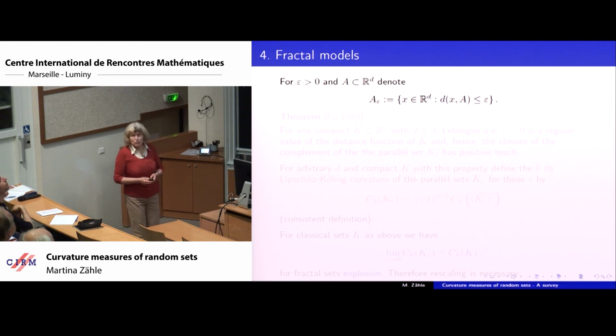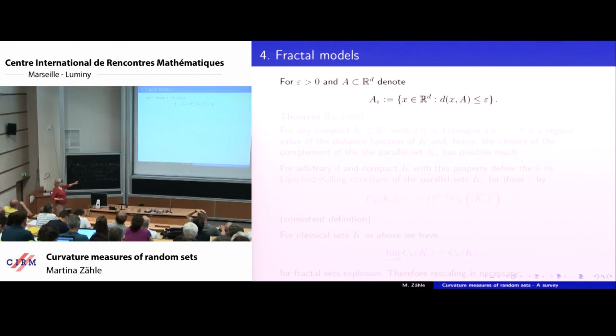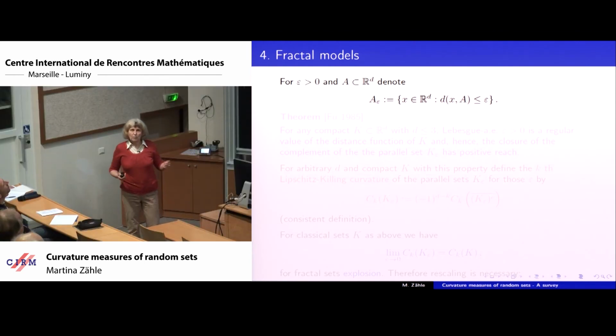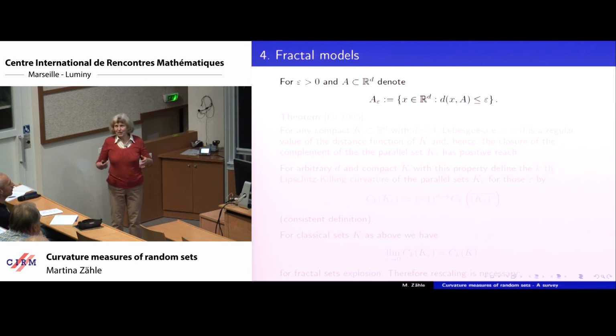Now I will turn to fractal models. Of course, one could try to find moment relationships also for these more general models, but I looked at the literature. Unfortunately, people working in stochastic geometry do not consider these smooth cells or non-smooth cells.